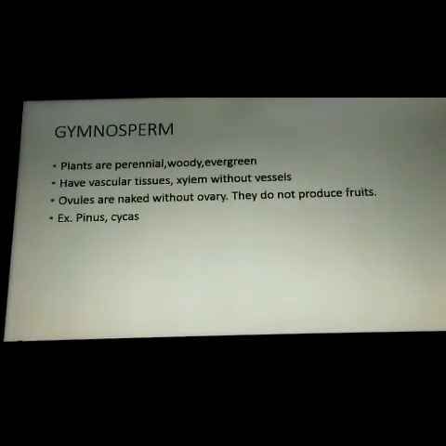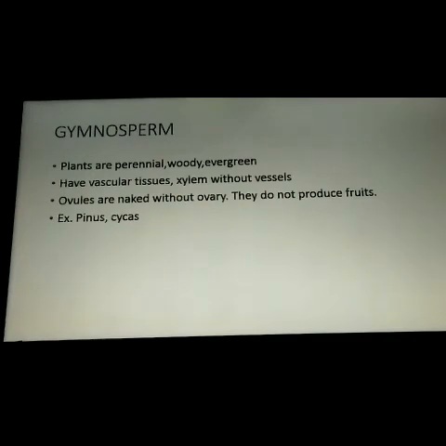And next, coming to gymnosperm. In the case of gymnosperm, the plants are perennial in nature. They are woody, evergreen with true root, stem and leaf, and they have vascular tissues, xylem without vessels and phloem without companion cells.